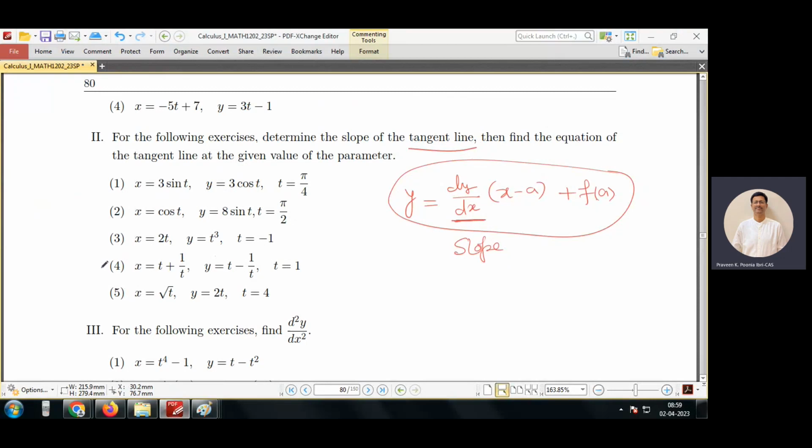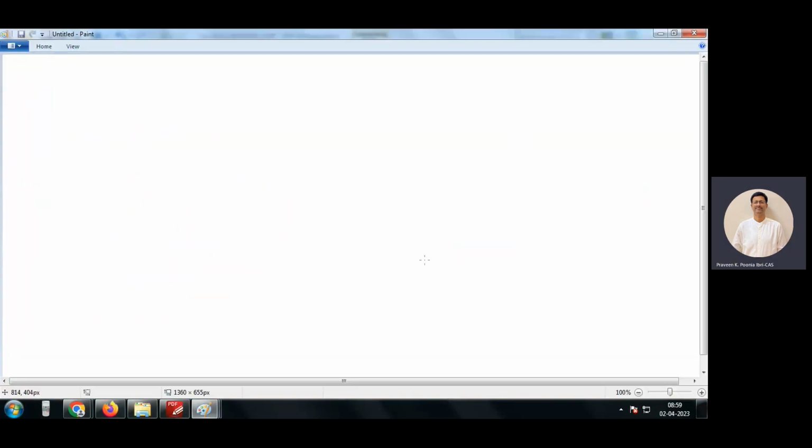Okay, so let us take a little difficult question. We are choosing question number 4. We are going to find the equation of the tangent line. The tangent line is y equals dy by dx times (x minus a) plus f(a).